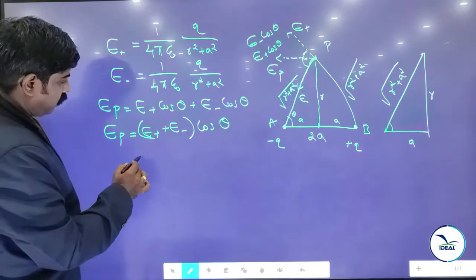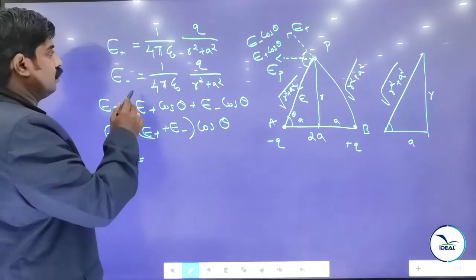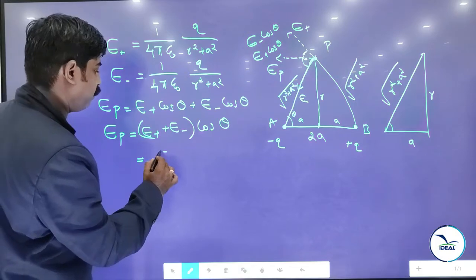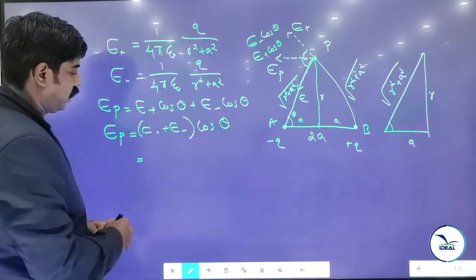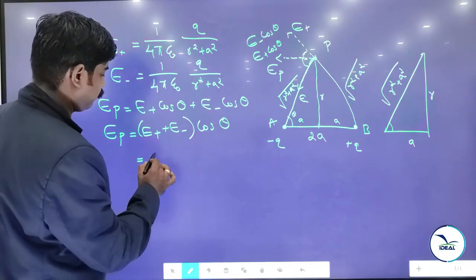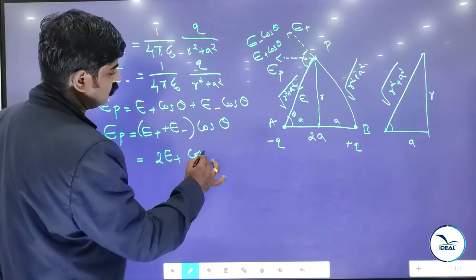Okay. Then again, we know that E plus and E minus are the same. So we can represent this as E plus or E minus, both are same. So 2E, we can consider it as 2E plus or 2E minus. I took it as 2E plus cos theta.